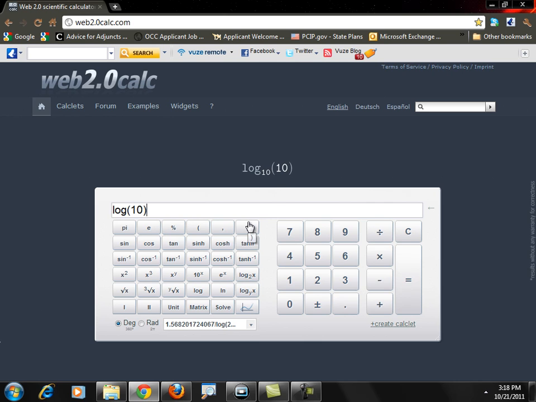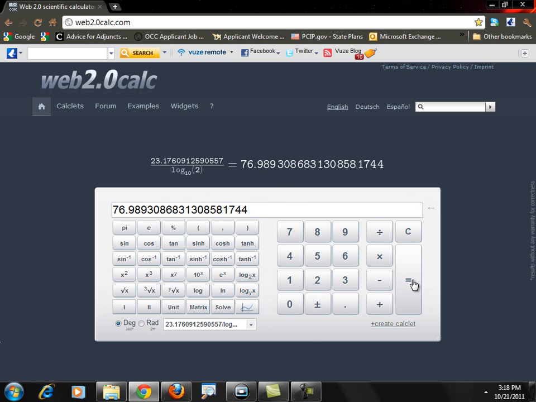So log base 10 of 15, and we're adding 22, so this will be a little bit more than 22, so 23, whatever, and then we're dividing by the log of 2. I don't know what happened the first time, but now we're getting 76.989.